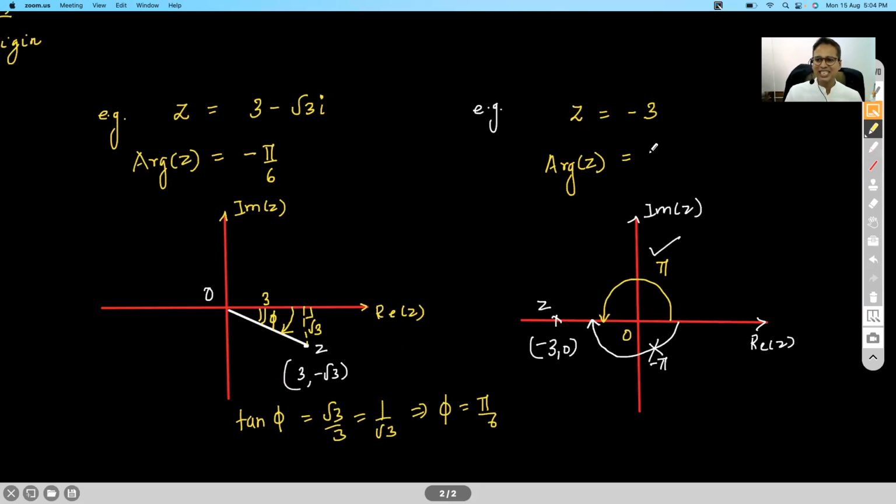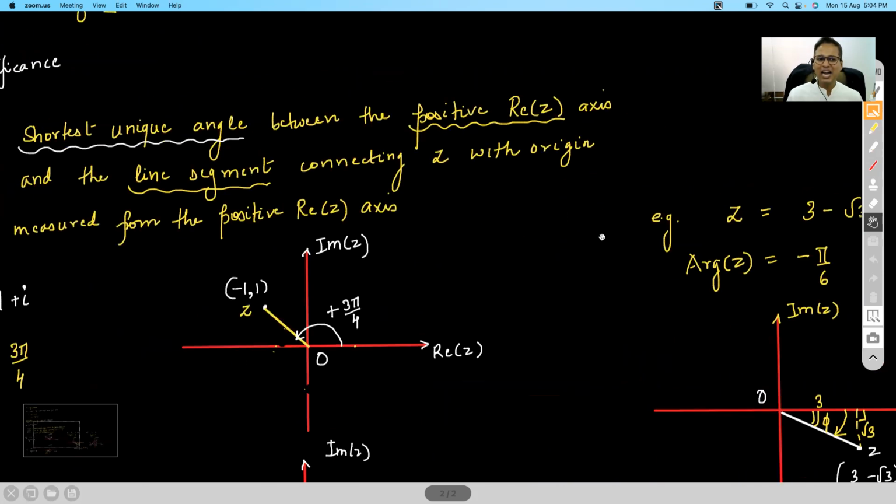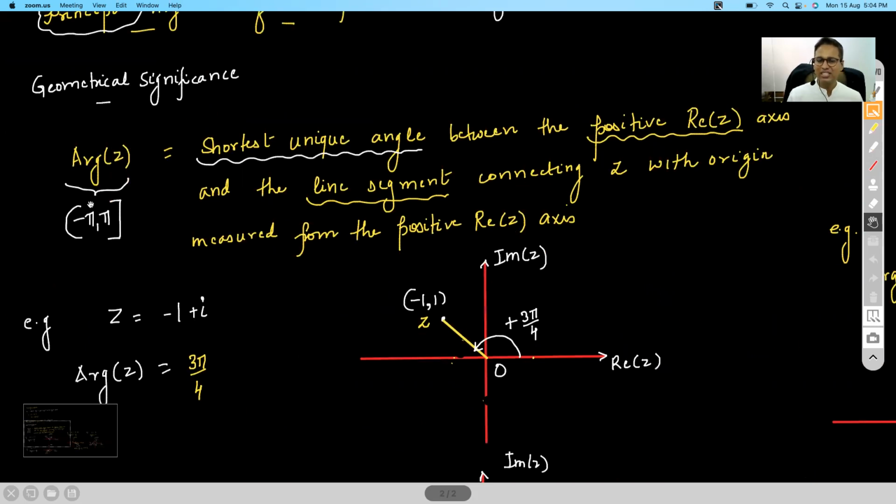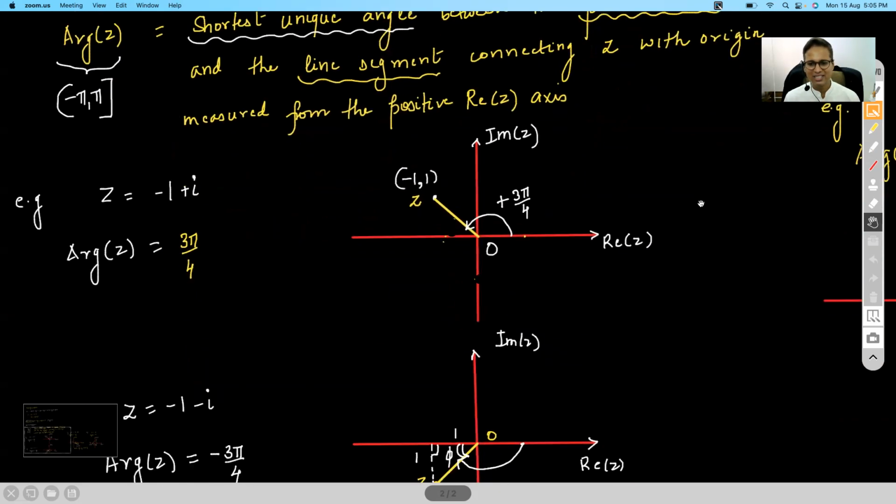So the answer in this case is 180° or pi, not minus pi. Is it fine? So people who said minus 180°, it was no mistake of yours. It's just that now you add one more thing to your definition, that your principal argument should always be between minus pi to pi, minus pi exclusive, pi inclusive. Clear, everyone? Any questions? Okay.